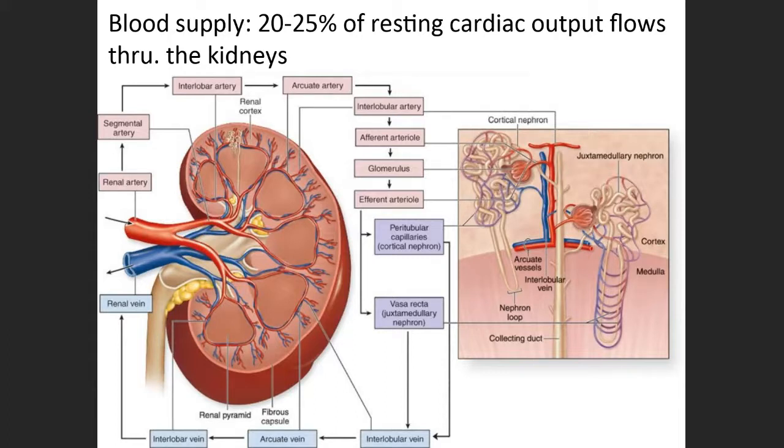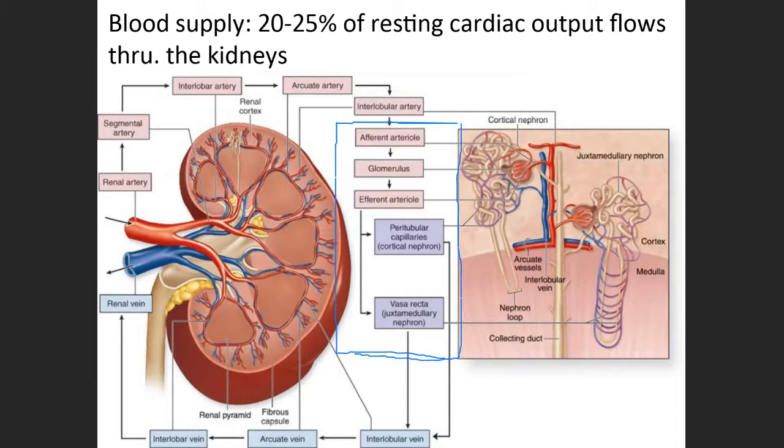So first off, we're going to divide this up again to make it easier to remember. We are going to box out these sets of blood vessels. Anything found in that box, we are going to consider nephron blood vessels.